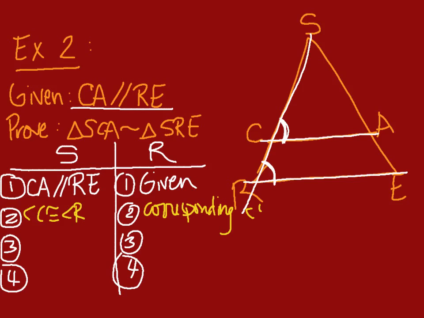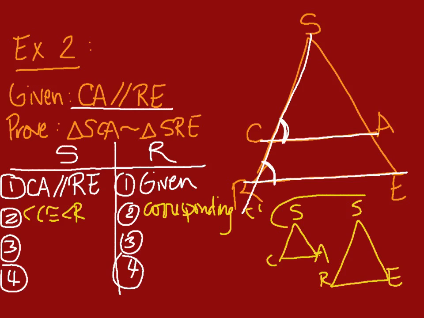So if, let's say, that I went ahead and I separated these two triangles. So I separated this into SCA, and then I separated it and drew out SRE. So basically what they did to draw this was they took triangle SCA, picked it up, and placed it right on top of SRE. Do they have an angle in common?